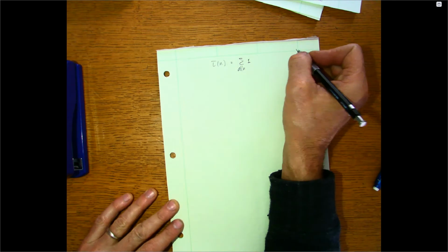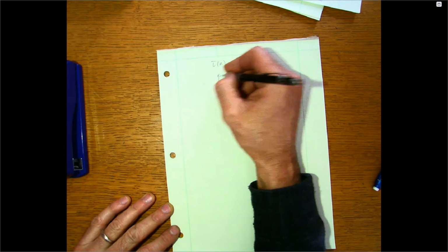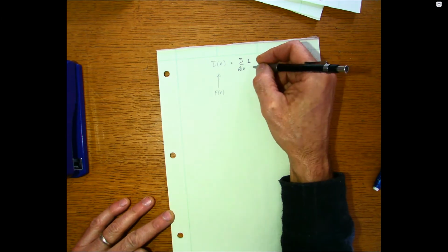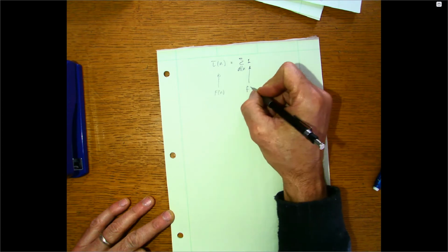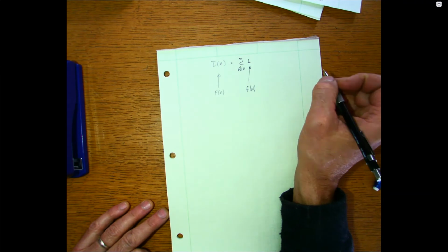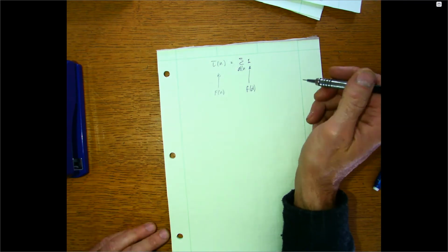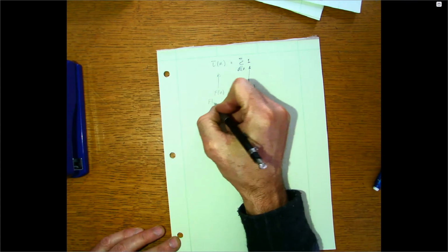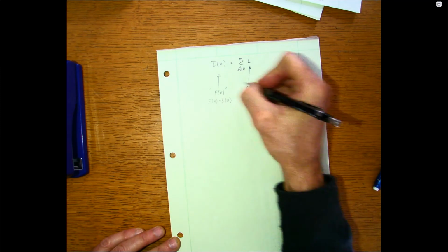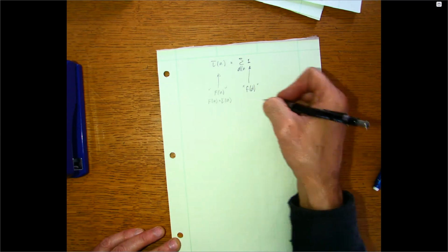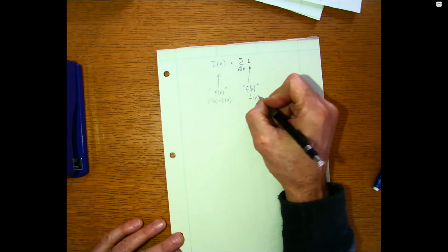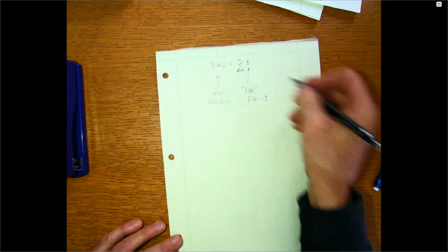The way I think of this is, this is your big F of n here, and here is your little f of d. So we can think of big F of n as just equal to tau of n, and little f of n, in quotes, is just equal to 1. That's the function that we're summing across.